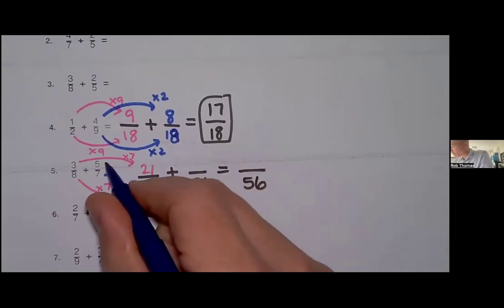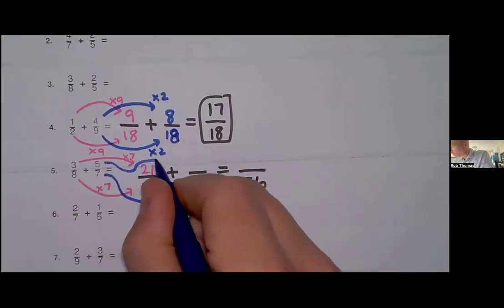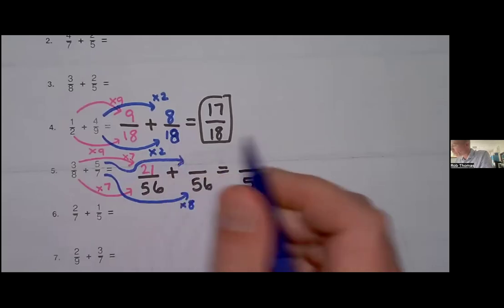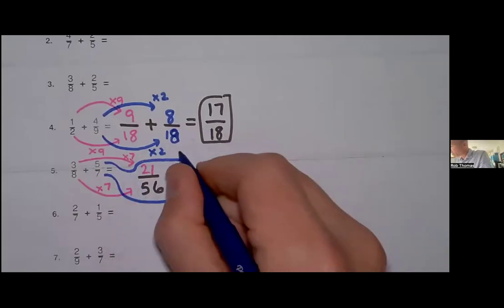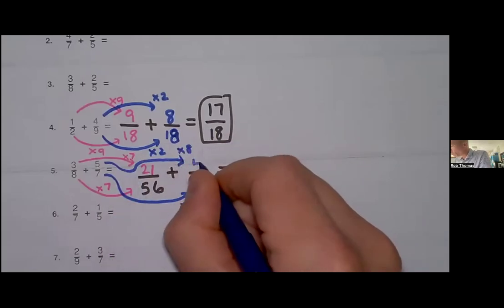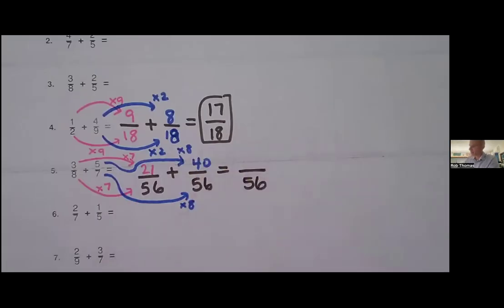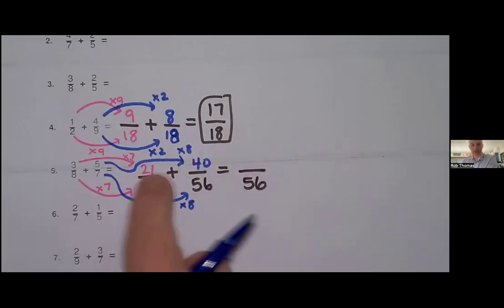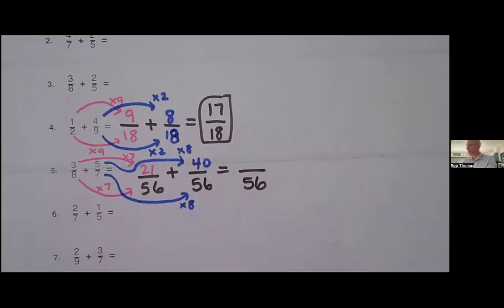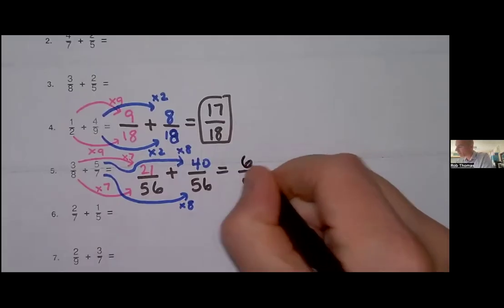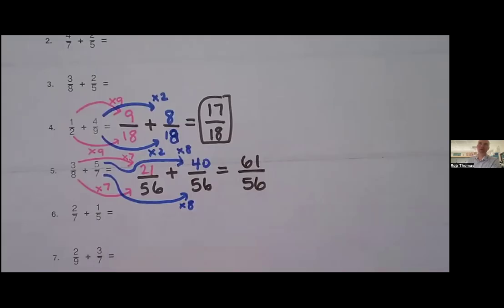And so on the top, 5 times 8 is 40. And so all we need to do now is just 21 plus 40. And we get 61/56. And again, you could change that to 1 and 5/56, but I don't need that from you. Just leave it as 61/56, please.